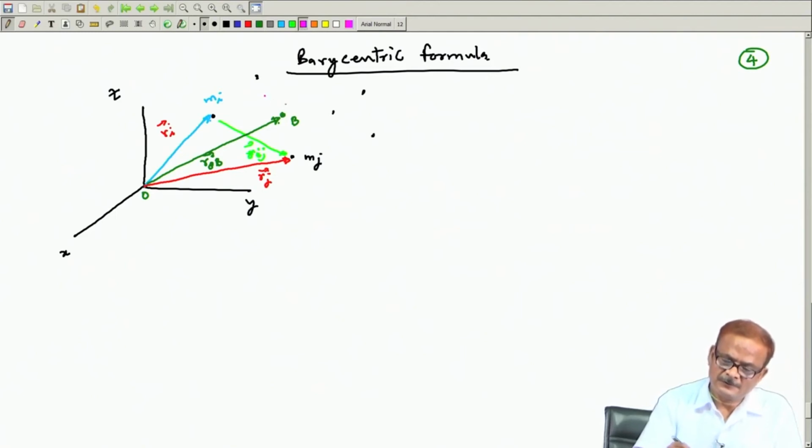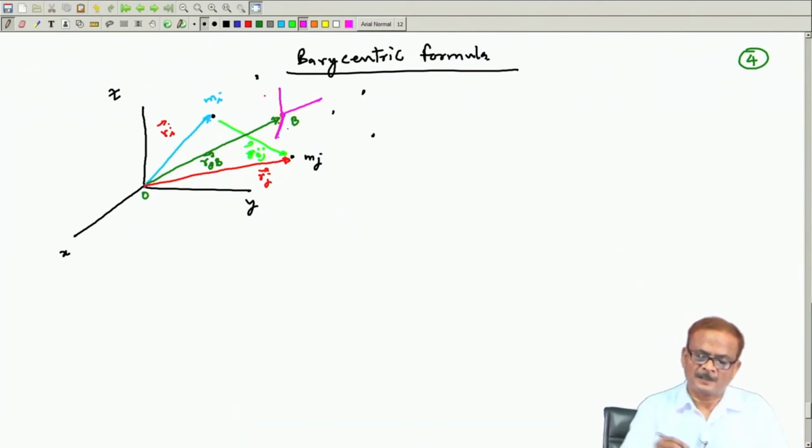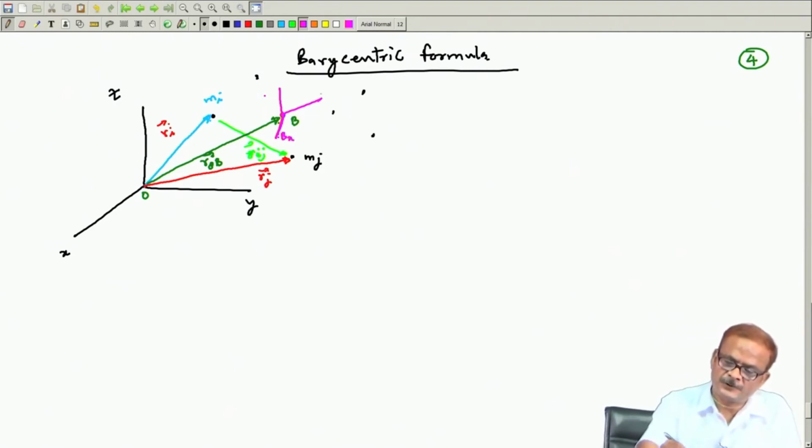And about the barycenter you have the reference frame located. These are the three axes of the barycenter, XB, YB and ZB.